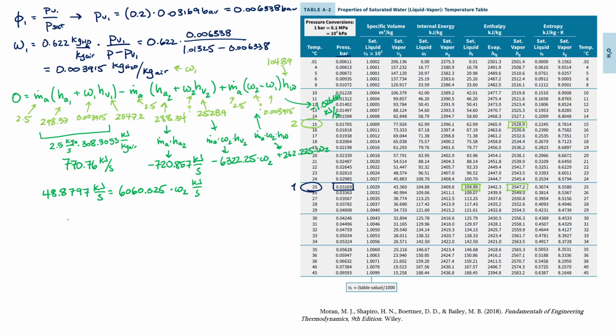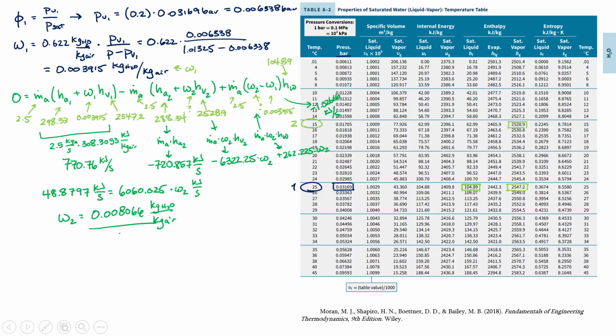Okay, which means that my omega 2 comes out, and that omega 2 is 0.008066 kilograms of water per kilogram of air, and that is my omega 2.